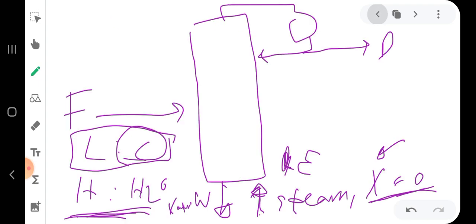We have two inlets, the feed and the open system steam, is equal to, and how many outputs do we have? We have the distillate and we have the waste from the bottom here. So it will be distillate plus waste.